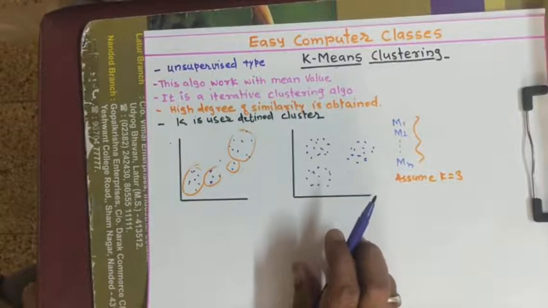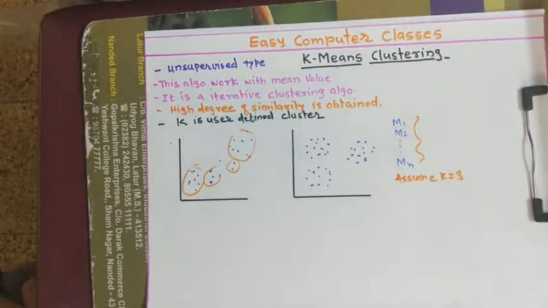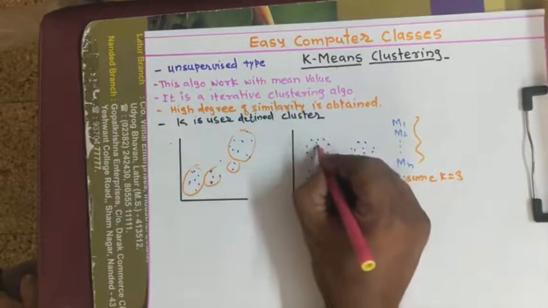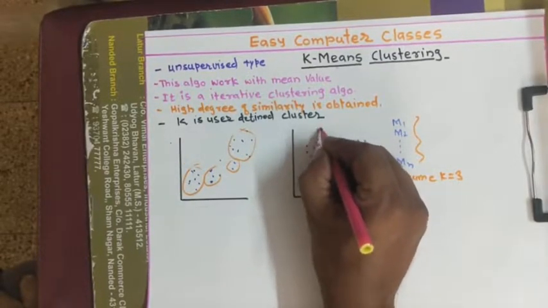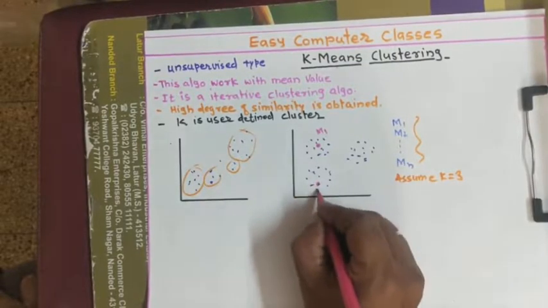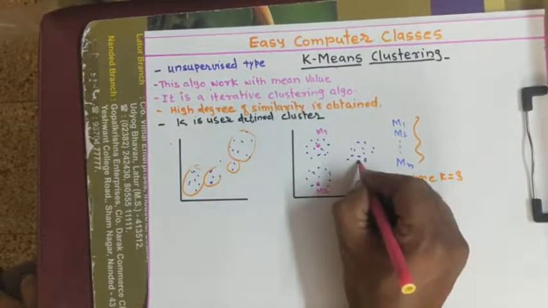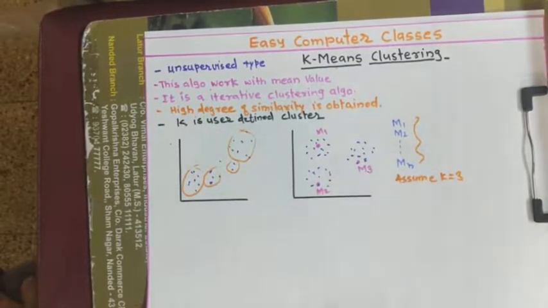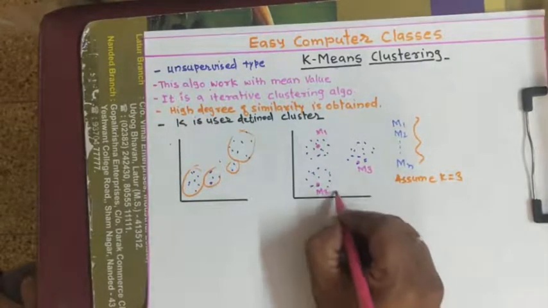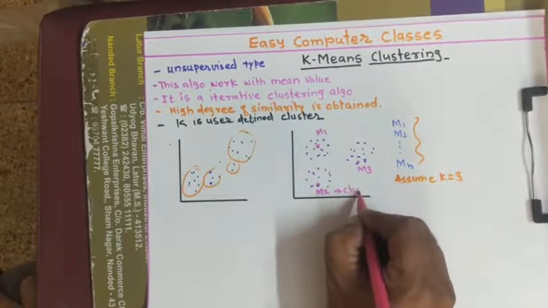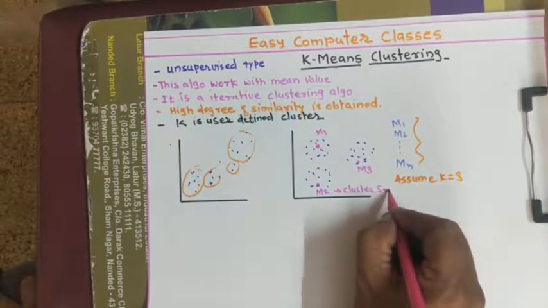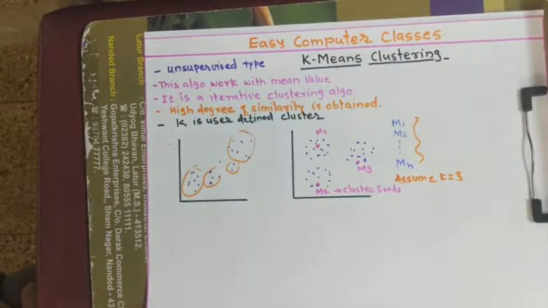For that we choose some random points from these clusters. Let us consider we choose a point like this. This is M1, this is M2, this is M3. So these are the 3 random points we choose, and we call them cluster seeds.